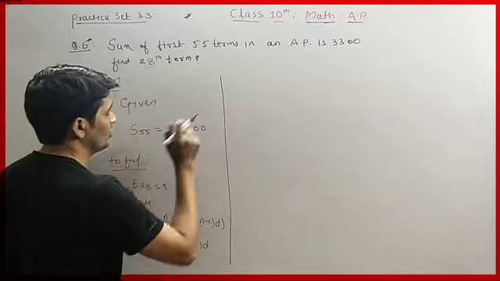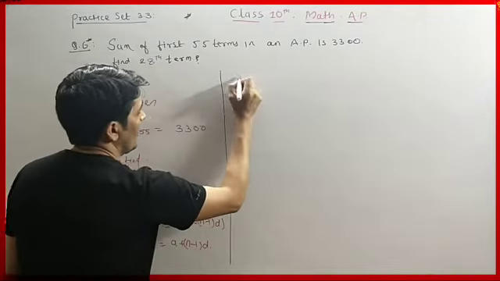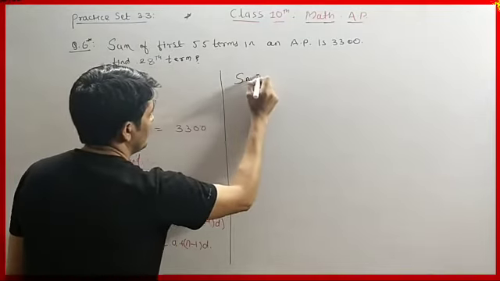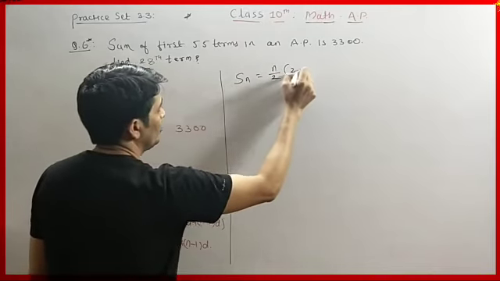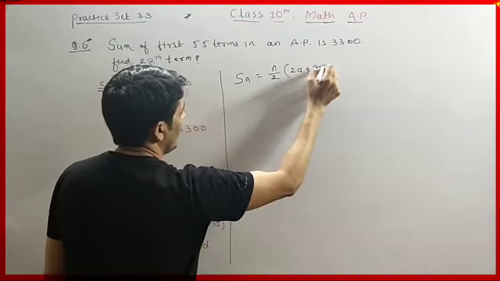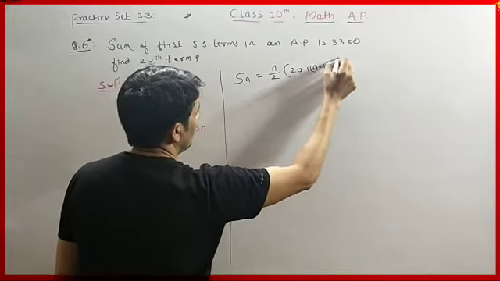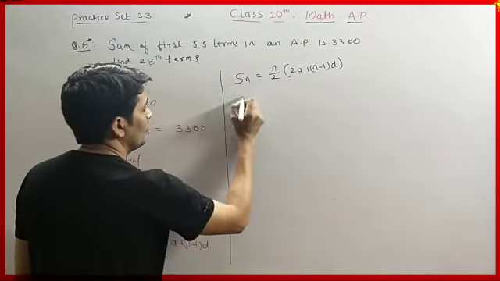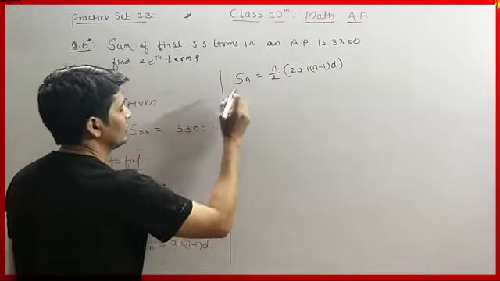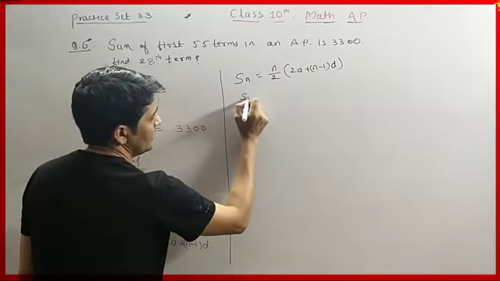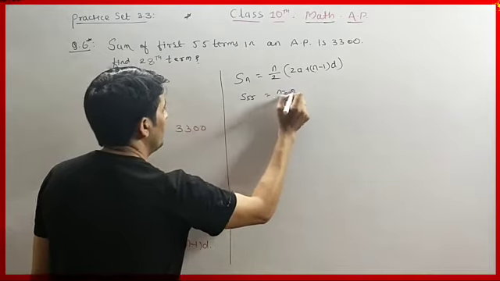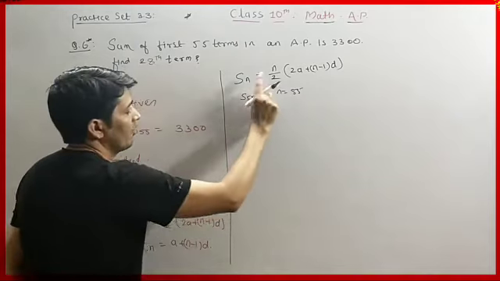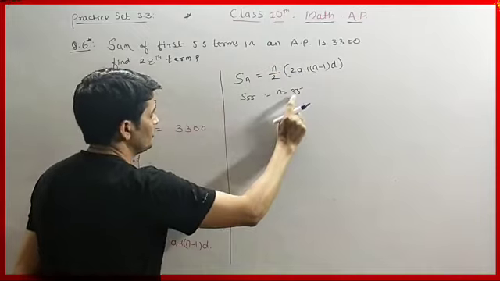So first we have to solve the sum part. So Sn equals n divided by 2 into 2a plus n minus 1 into d. So for S55, n will be 55. So wherever we find n, we have to place 55.